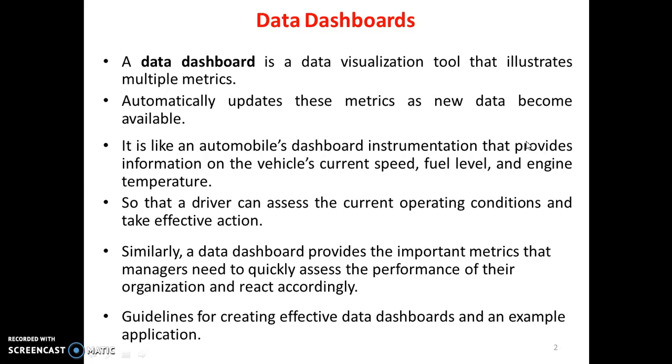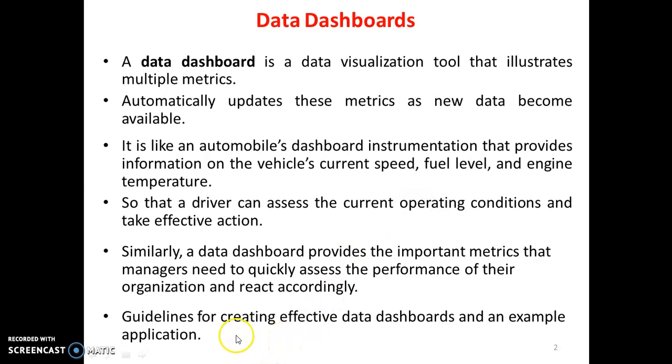Similarly, a data dashboard provides the important metrics that managers need to quickly assess the performance of their organization and react accordingly. When you run an organization, at a time we need to absorb some information to take necessary action immediately. So those details must always be available in the dashboard.